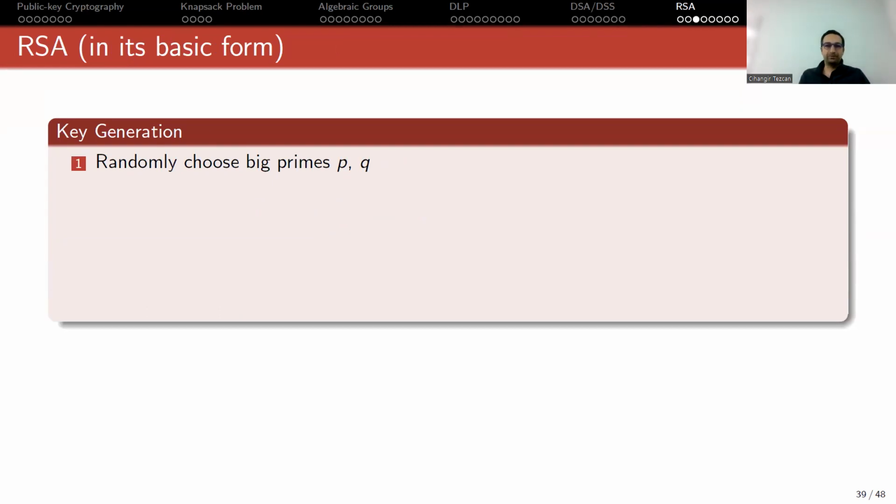Key generation. So RSA works like this. Initially, you have to choose big primes P and Q. So the question will be, how big should they be? In the next step, I will multiply P and Q and obtain N. And I want N to be a number that is at least 3072 bits. This is how large P and Q should be, okay?